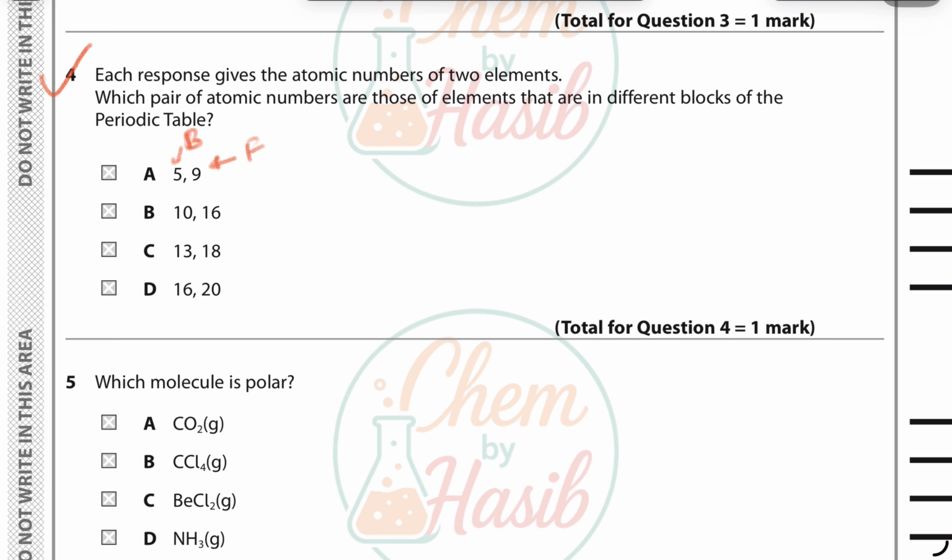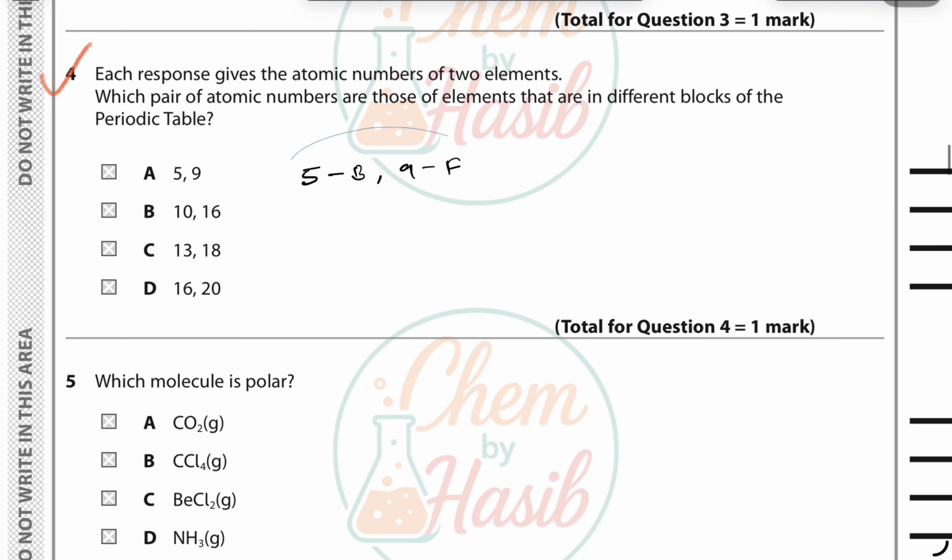Both fluorine and boron are in the same period, and both of them are actually in the p block of the periodic table. So 5 is boron and 9 is fluorine, and they are both in the p block.